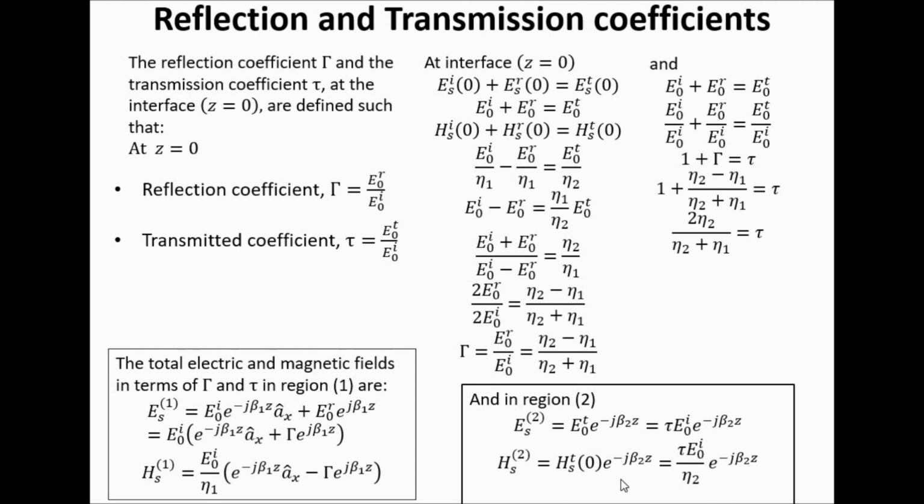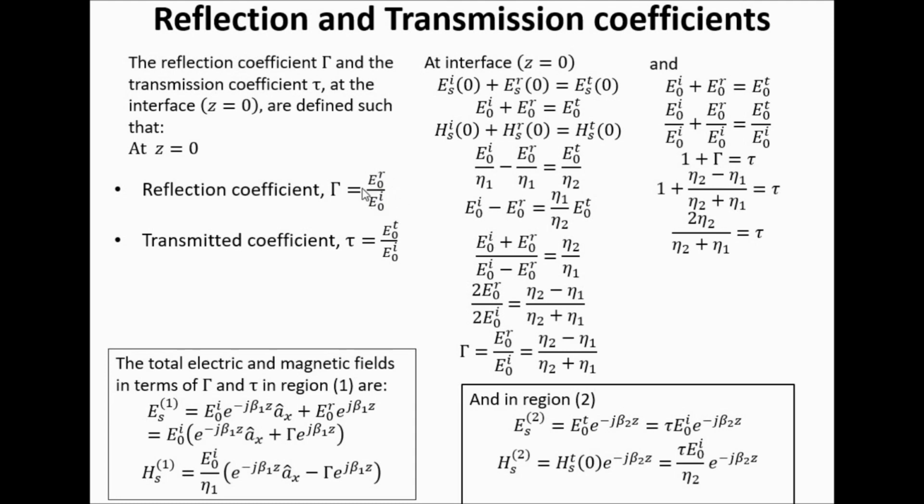You cannot say that, because the transmission coefficient formula is only for the electric field, not for the magnetic field. Similarly, the reflection coefficient is also only for the electric field. For reflection, if you take H0R over H0I equal to gamma, that will be wrong. Gamma will be negative H0R over H0I.